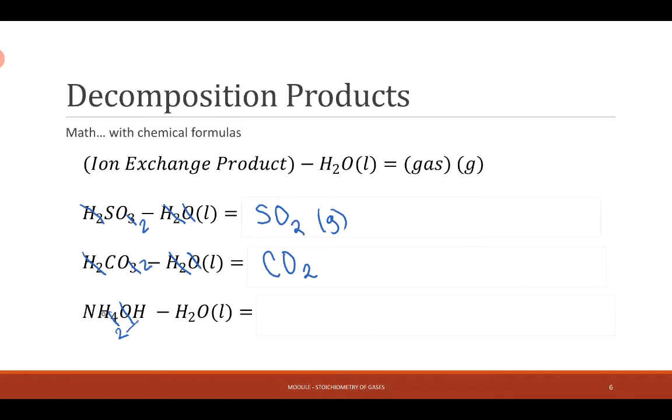I do combine these H's, so that is NH3. There's 1 nitrogen left and a total of 3 hydrogens left. So that's NH3. So this gives you your chemical formulas of those gases. So just recognize that these break apart into water and some gas, and then you can figure out what the gas is by subtracting the water from that chemical formula.